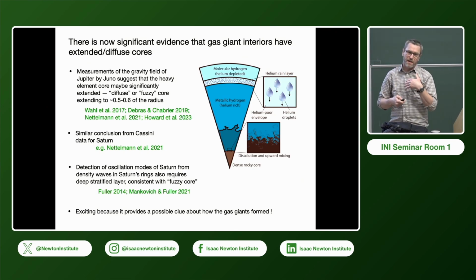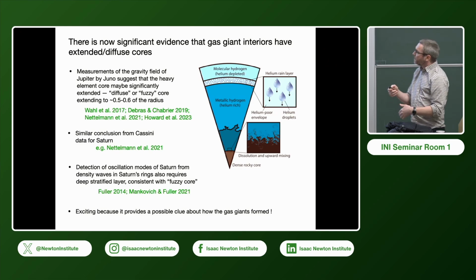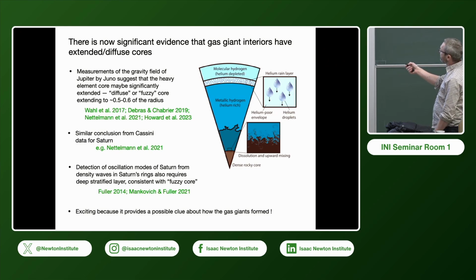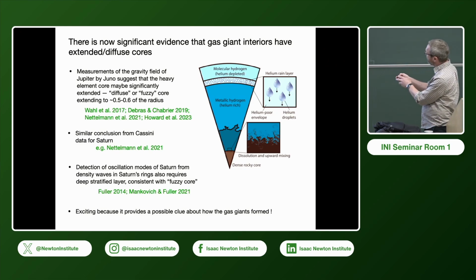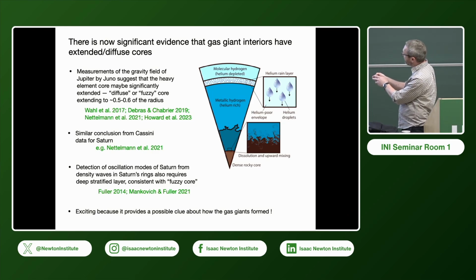But in all the models that people have made, it seems that this condensed core structure that I talked about really doesn't fit the density profile that you see. Instead, what you need is something that's much more extended. So this is a cartoon sort of showing this. You have the central core here, but there's an extended region where the heavy elements are extending out into this convective envelope.